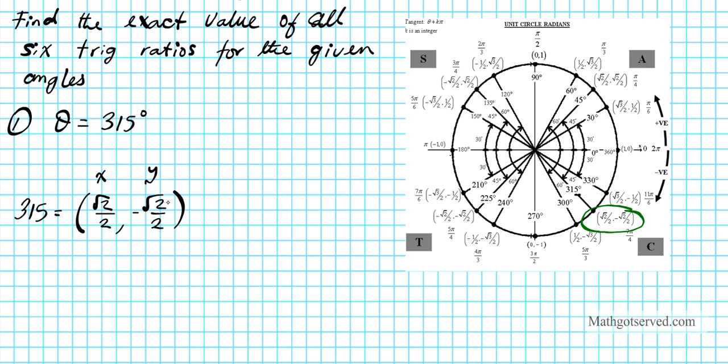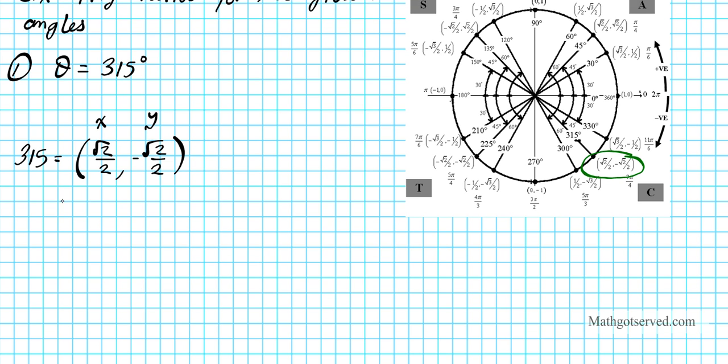Now we're going to use our unit circle ratios to find the value of all 6 trig ratios. For sine 315 degrees, sine is the y coordinate, and the y coordinate on this point is negative root 2 over 2. Now let's look for the reciprocal relative of sine, which is cosecant.